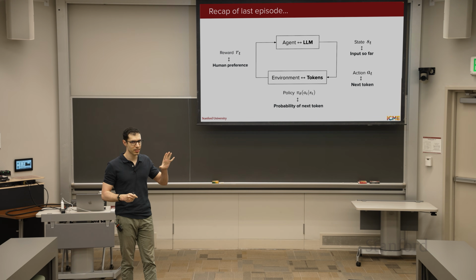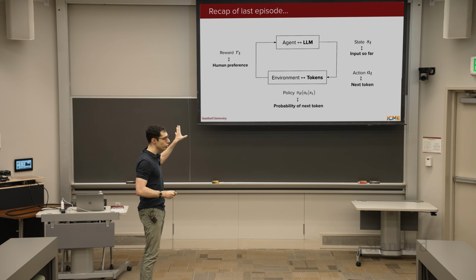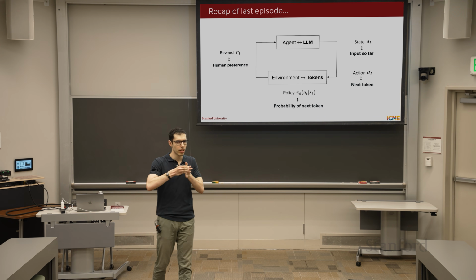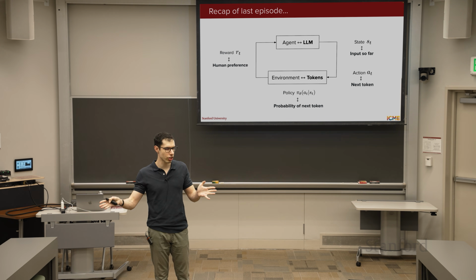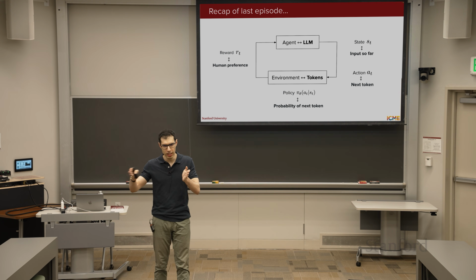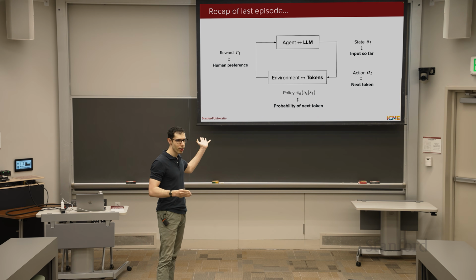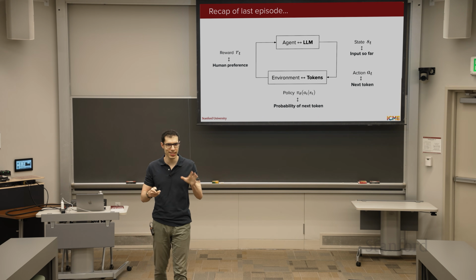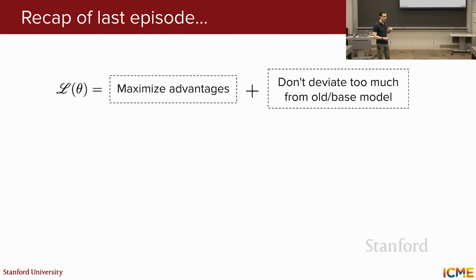And we saw that we can obtain human preferences for each completion. So you have a prompt, you have a completion, and you get those human preferences. This is the one that you then use in order to tune the LLM, because this step is about aligning the model with human preferences. And here the human preferences are encapsulated in the reward.